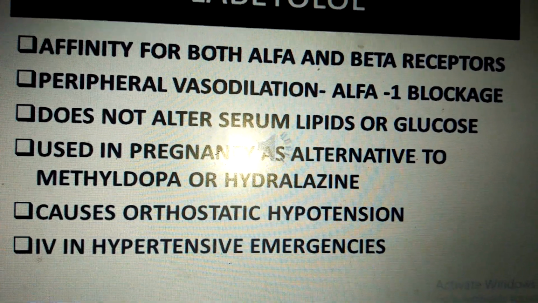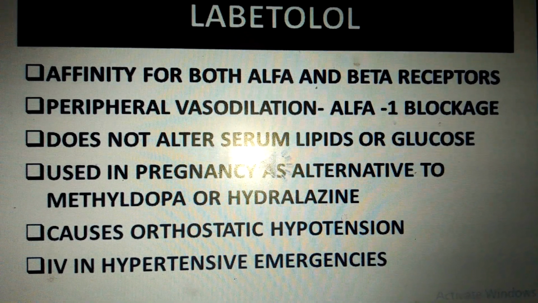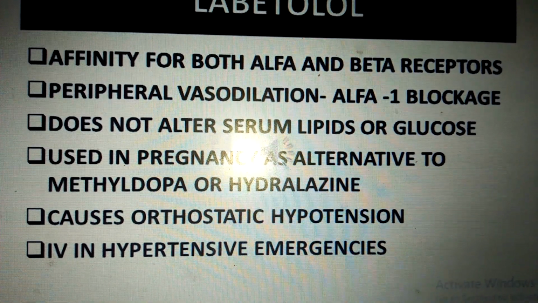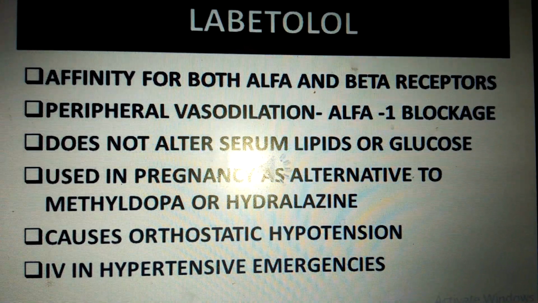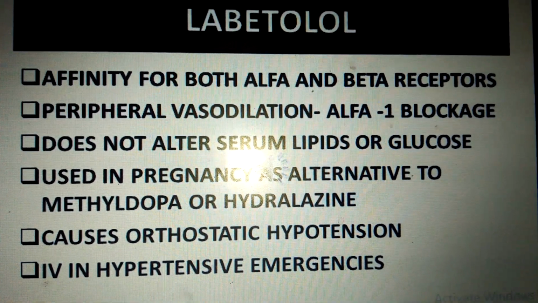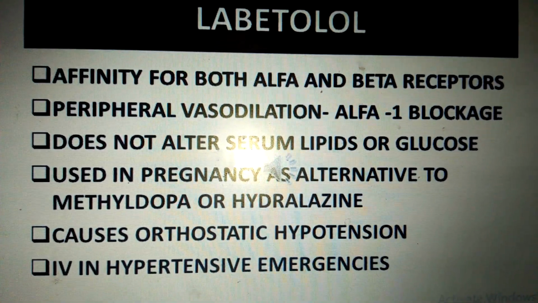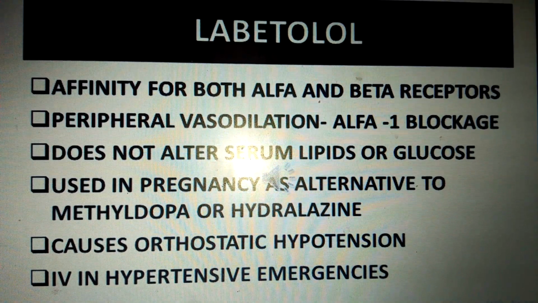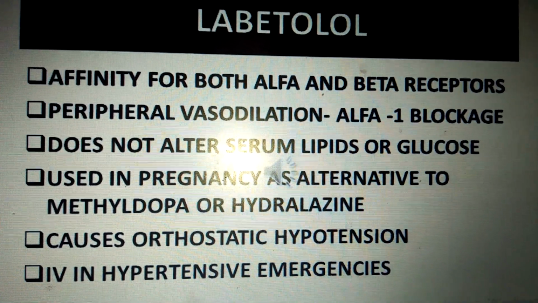In pregnancy, the antihypertensive drugs which are indicated are three. One is methyldopa, second is hydralazine, and the third one is labetalol. It is usually asked in Viva: can you name the antihypertensive drugs which are indicated in pregnancy. So methyldopa, hydralazine, and labetalol are indicated, and labetalol is used as an alternative.